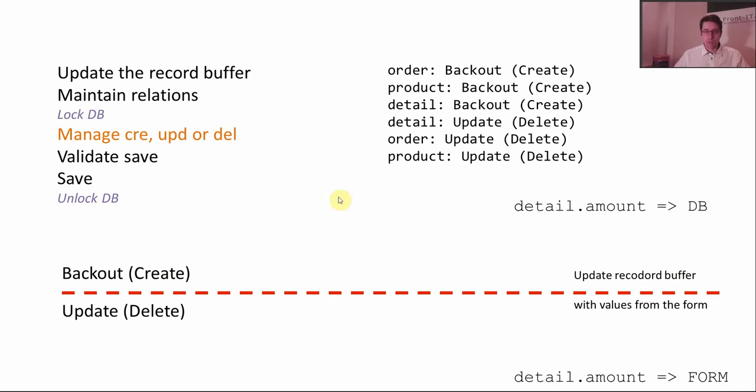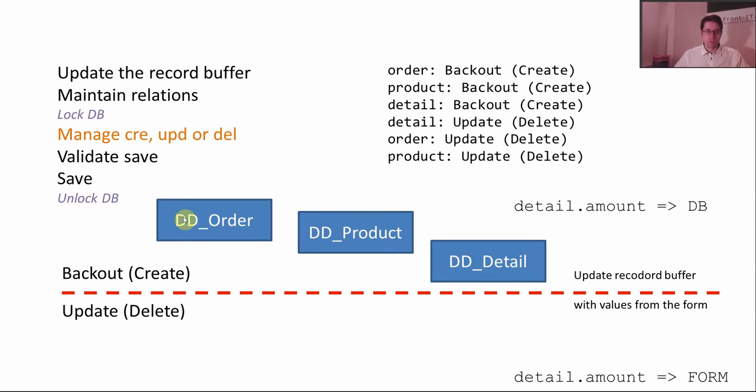So we also have this difference between the upper half and the lower half. When we are here, the record buffer, all the tables have data from the database. And when we run update and delete, all the tables have data from the form.